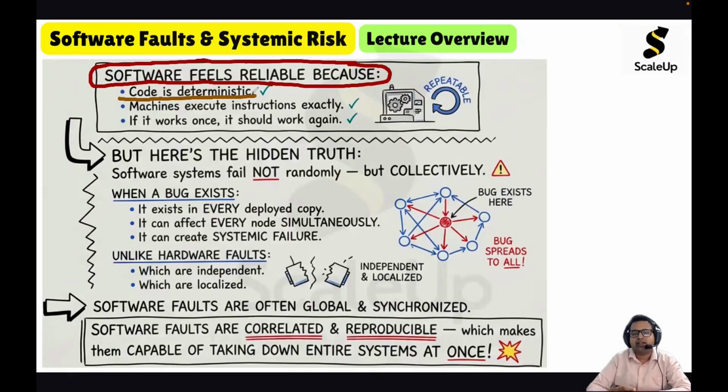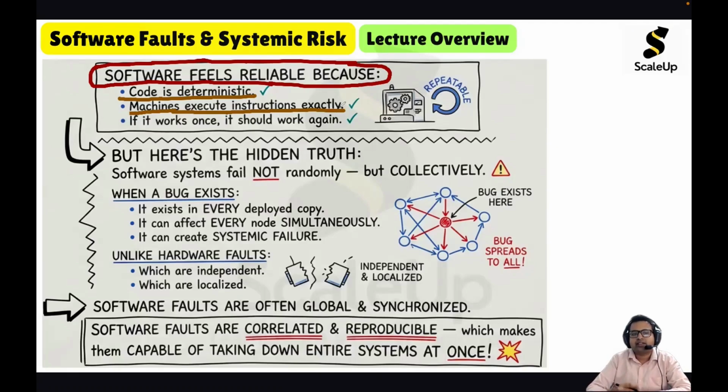And so the idea is that if we test it rigorously, we are very confident that software will work no matter what. Because the code is deterministic, software feels very reliable. Also, machines execute instructions exactly, the same way every time.